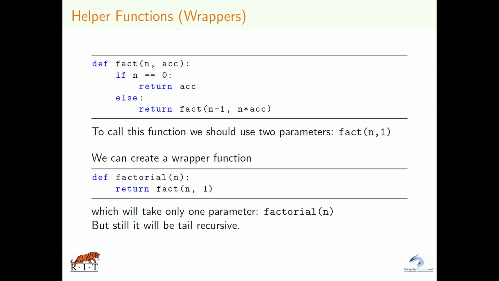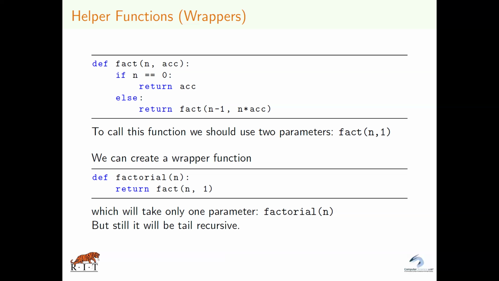Okay, so let's continue. Now imagine that I didn't tell you about the default parameters. So let's say you don't know that you can assign the values inside the function. How can we convert a function of two variables into a function of one variable without using default parameters?